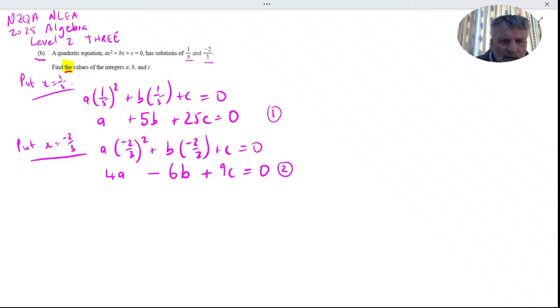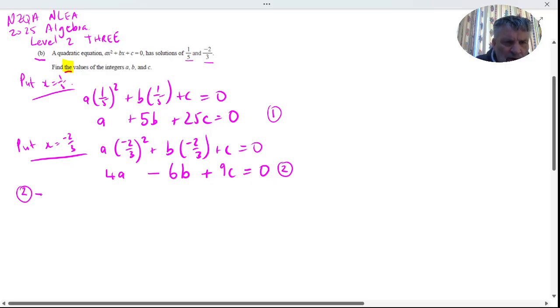So if we take this second equation and subtract 4 lots of the first equation, so 4 lots of the first equation is going to be 4a plus 20b plus 100c equals 0.